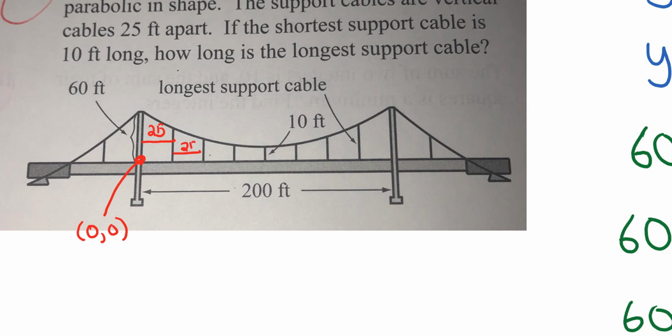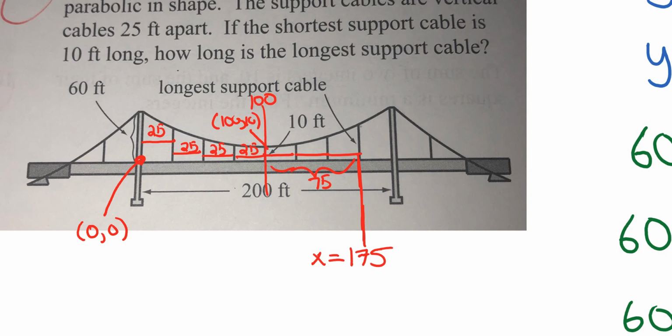This is 25 meters, this is 25 meters, this is 25 meters. So right there, that's the 100 mark, and that's why the vertex was 100, 10. And then another 25 meters, another 25 meters, another 25 meters. This right here is 75. So in total, this x value right here is 175, right?